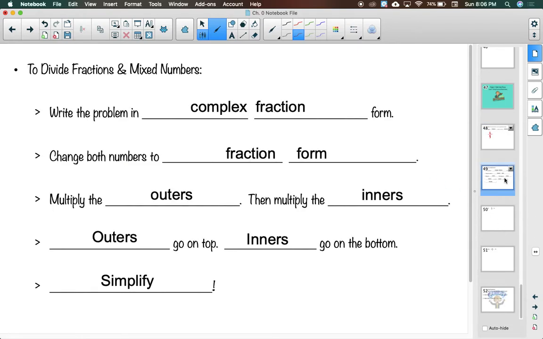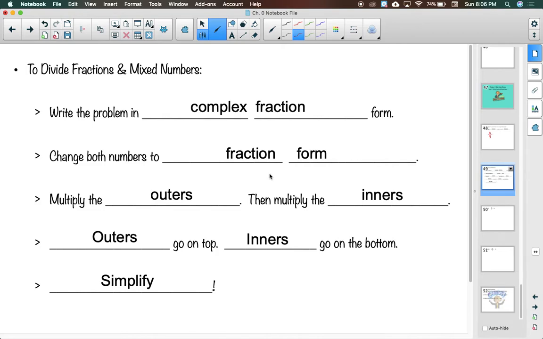Okay? So when it comes to dividing fractions and mixed numbers, we are going to use that complex fraction form. That's going to be very helpful to us because it helps us divide fractions in a really nice, quick, easy method. We're going to change both numbers, the number in the numerator and the number in the denominator, into fraction form. So if one of them is a mixed number, we're going to make it improper.